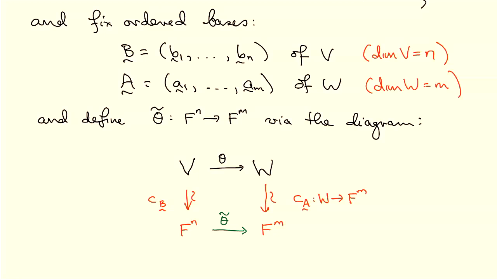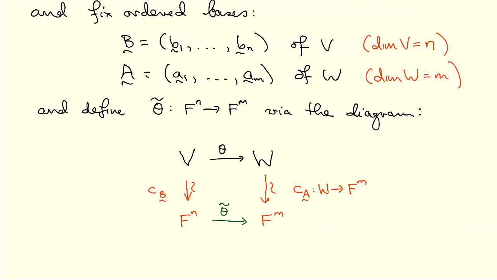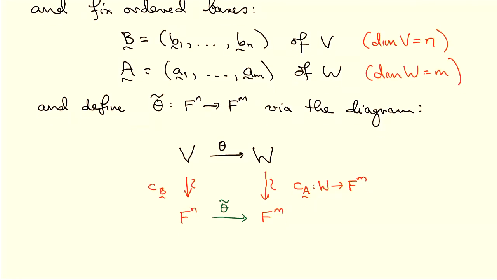But really what it's doing is trying to rewrite our theta as an explicit theta on these concrete vector spaces that completely encodes what the original theta did. Because once you tell me this theta twiddle, I can of course find out theta, by going around that way. So once you know theta twiddle, you know theta, and the other way around as well. To be a little more explicit, what do I mean by saying define it by the diagram?